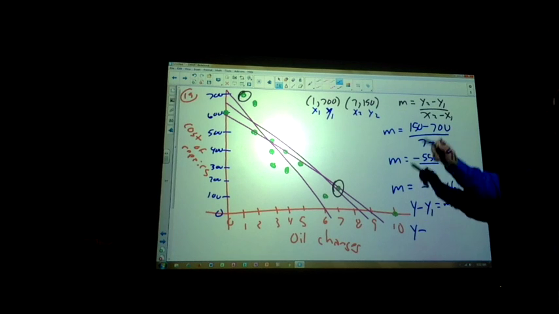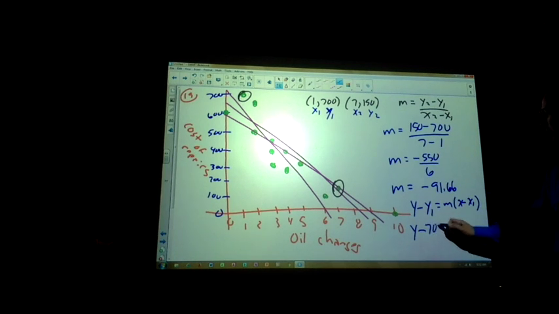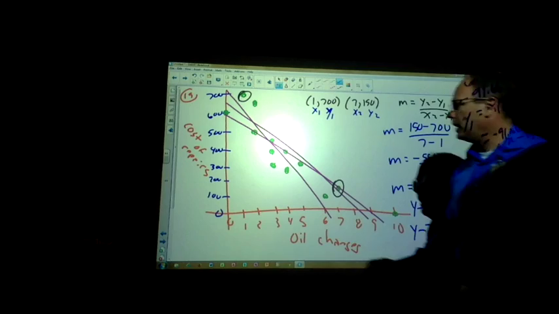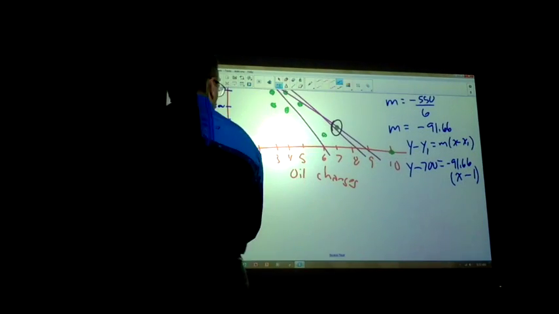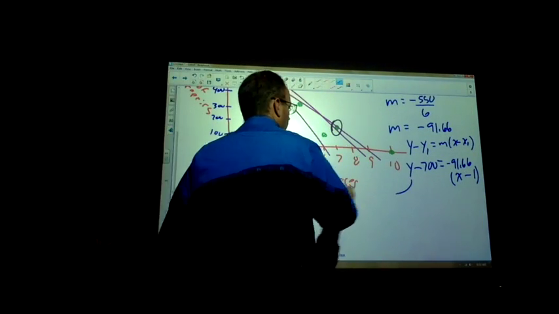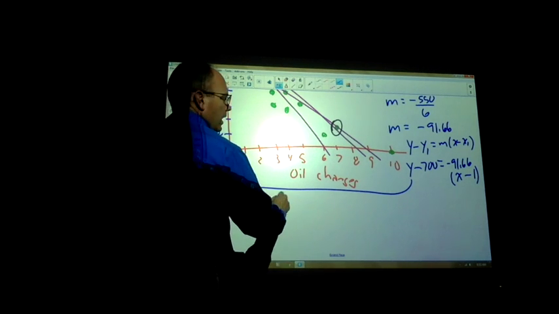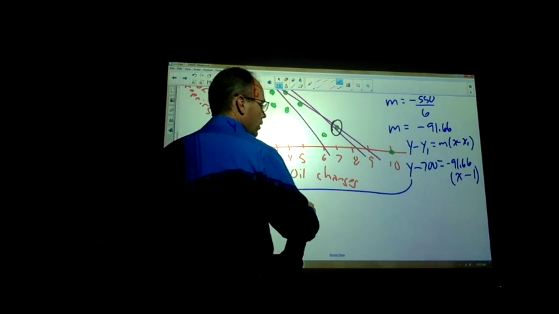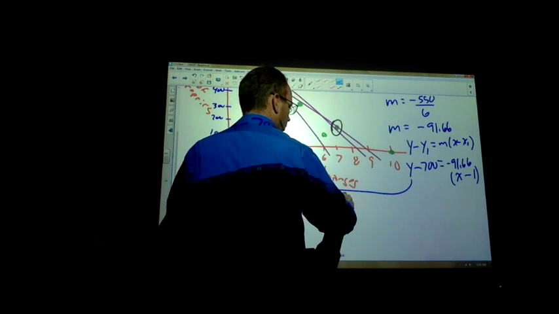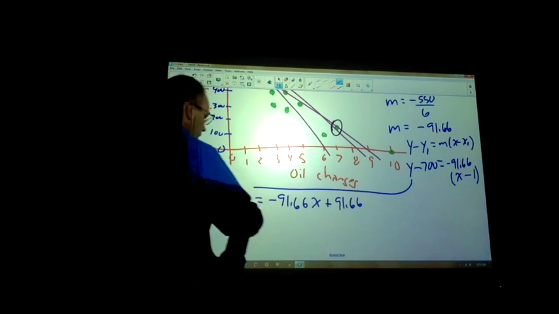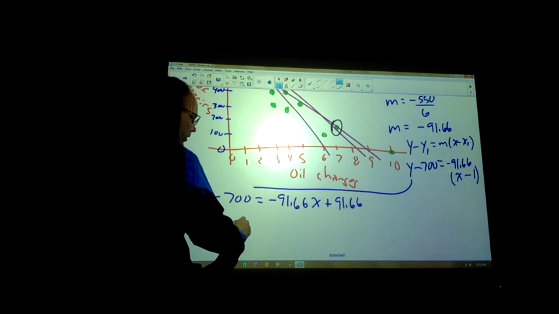Y1 is 700, M is negative 91.66, times X minus 1. Y minus 700 equals negative 91.66 times X minus 1. Add 700.